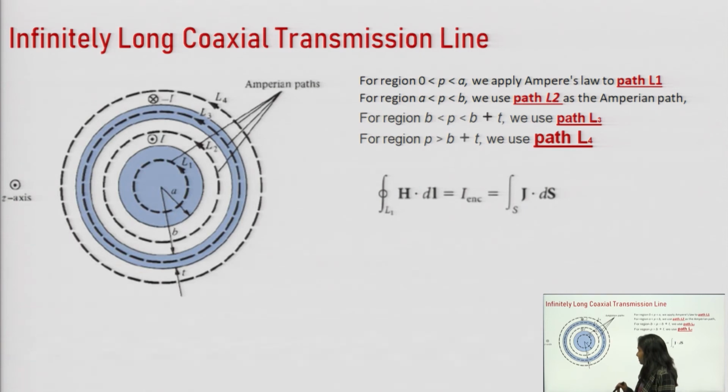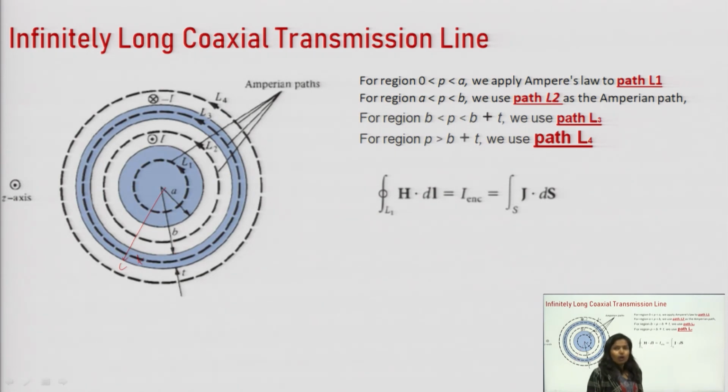The inner conductor has radius A, the outer conductor has radius B, but the outer conductor also has a thickness T. So altogether the radius from here to here is A, from here to here it is B, and from here to this position is C, or we can see that it is T.